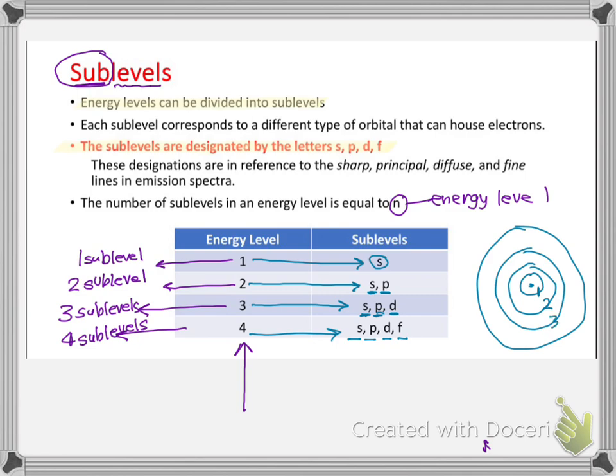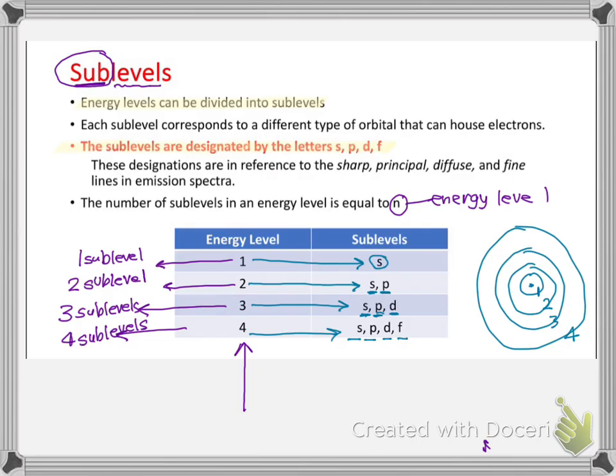The third level is even bigger, so it can hold 3. And the fourth level is even bigger because it's farther away from the nucleus, so it could hold 4. The first level can't hold 4 sublevels; it's too small. If you wonder why it keeps getting bigger, well, the radius keeps getting bigger. The farther away you get, the more space there is.